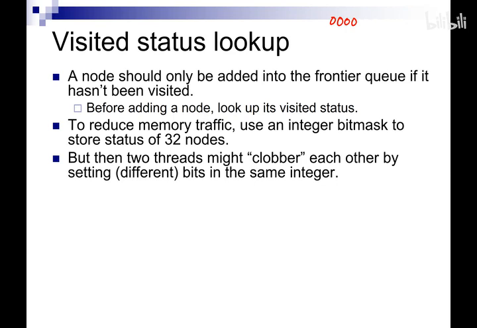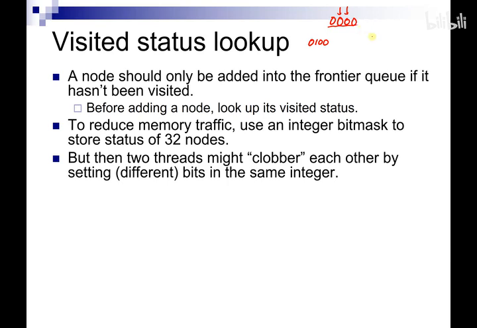Let's say one thread is going to visit this node, and another thread is going to visit that node. The first thread is going to read the visited status of all the nodes. It sees that none of these nodes have been visited, and so it wants to indicate that it has visited the second node. So it's going to change the visited bit mask to 0100.